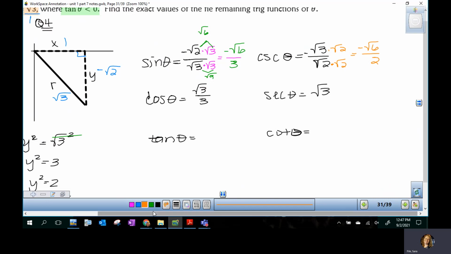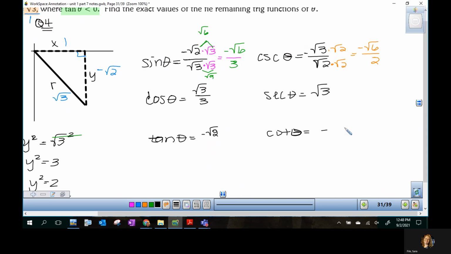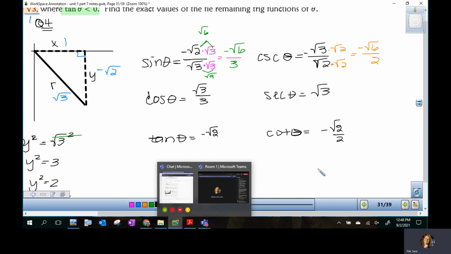That looks a little different. All right, and then tangent is y over x, which over x is 1. I don't have to put over 1. I can just leave negative square root of 2. What's the reciprocal of square root of 2? Square root of 2 over 2. Very good. Now double check. I'm in quadrant 4. Cosine should be positive. The others should be negative, and they are. So it checks out.